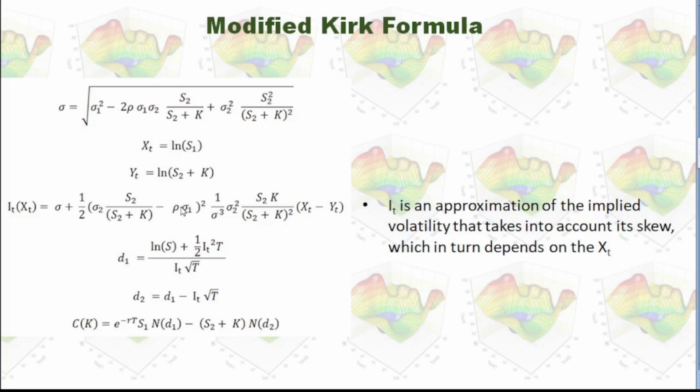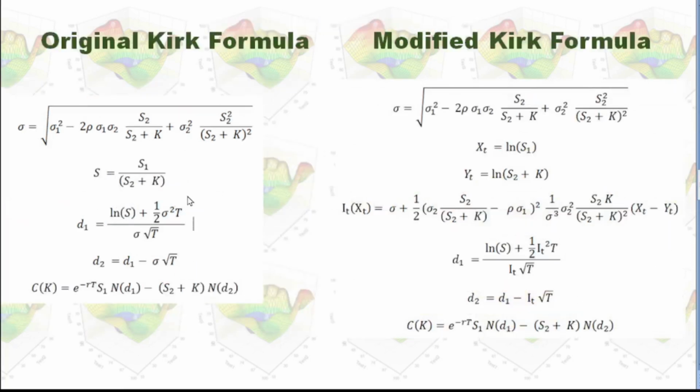If we compare the original formula with the modified Kirk formula, you can see the first formula calculates sigma between two assets based on the correlation rho.